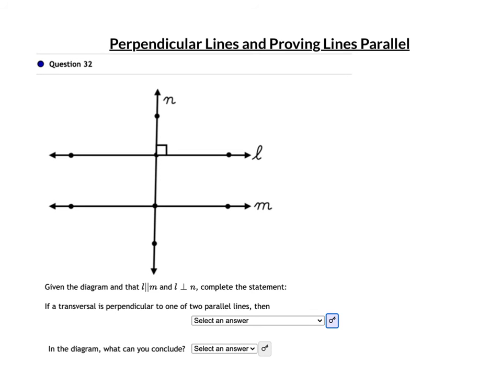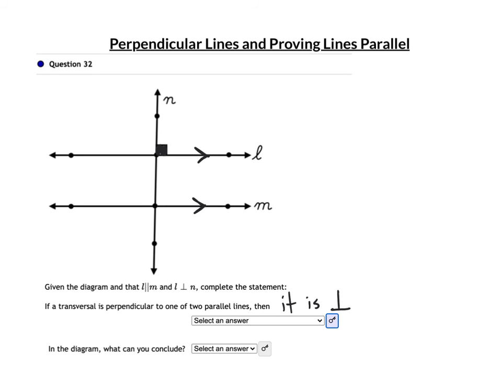Given in the diagram that L is parallel to M, so that one and that one are parallel, and L is perpendicular to N, so I've got a right angle right there. Complete the statement. If a transversal is perpendicular to one of two parallel lines, it's perpendicular to the other line too.